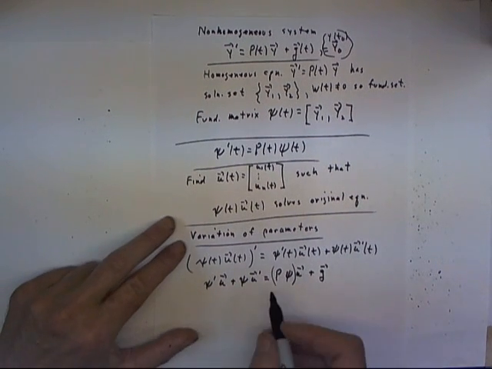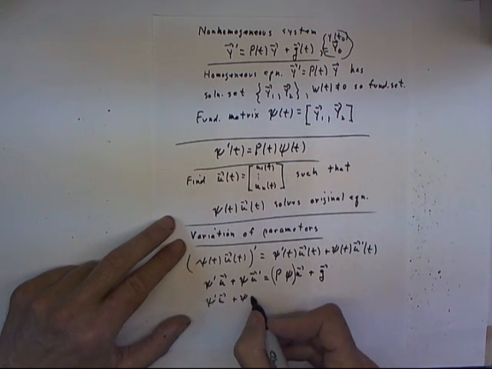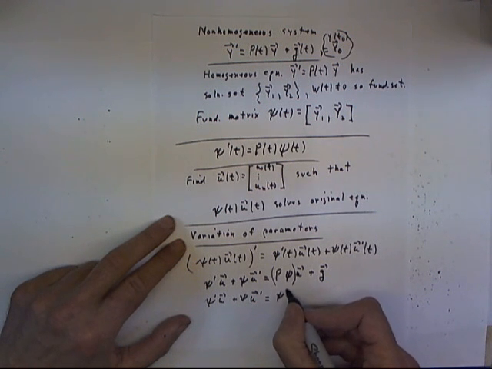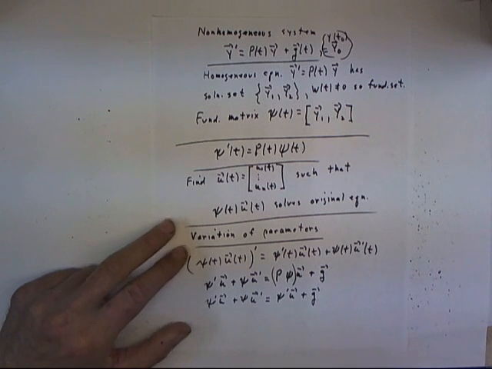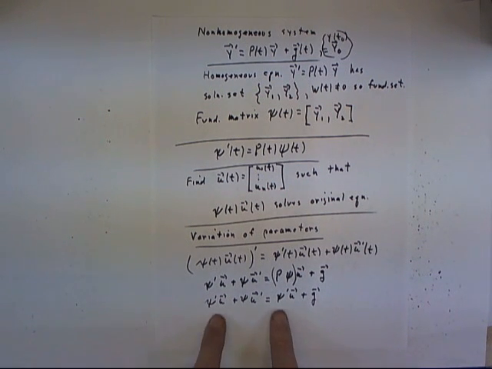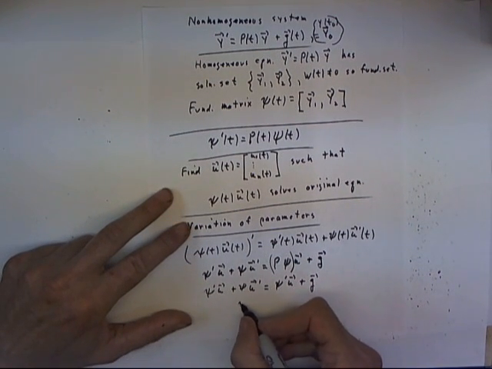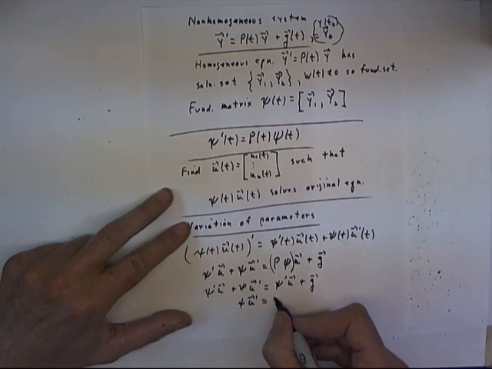So it follows that we have psi prime u plus psi u prime equals psi prime u plus g. And that's real progress, because we've got psi prime u on both sides, subtracted off, and we're just left with psi u prime equals g.